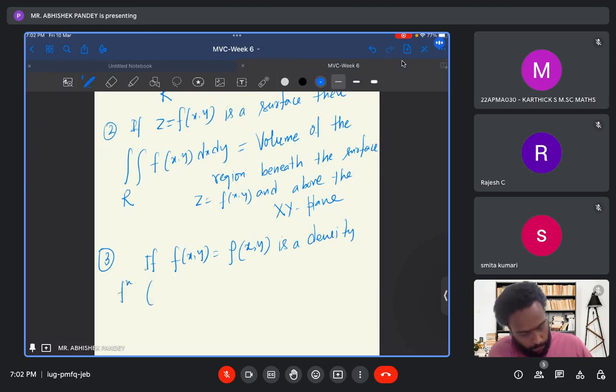It basically gives the mass per unit area of a distribution of mass function in the xy plane.